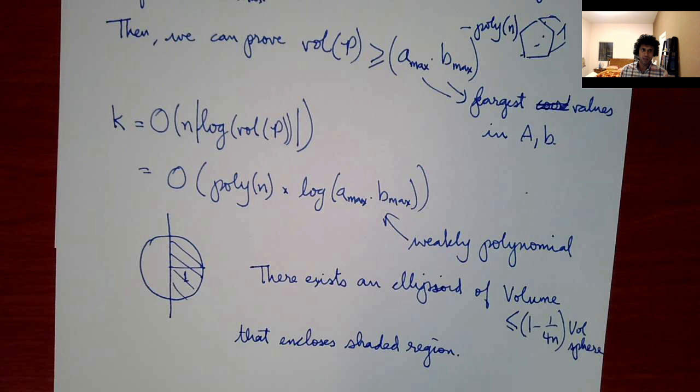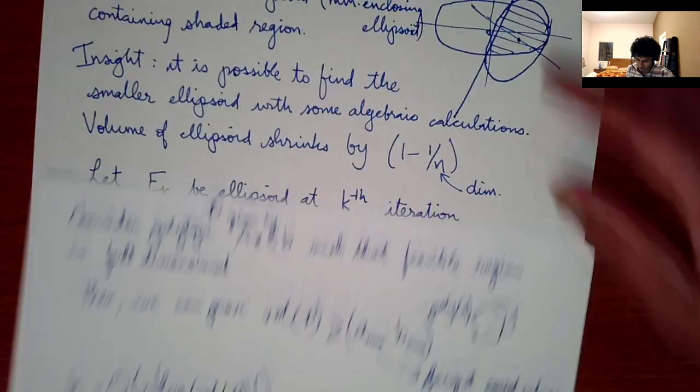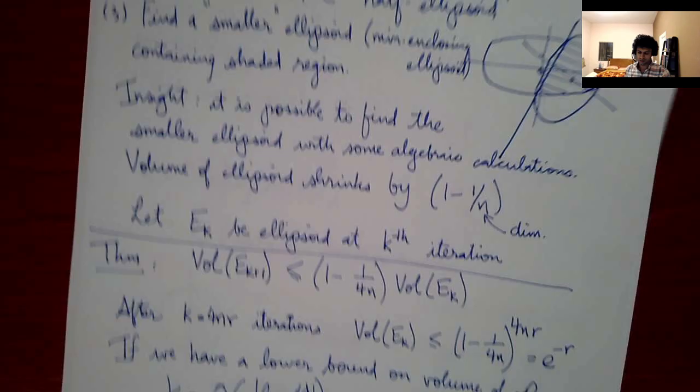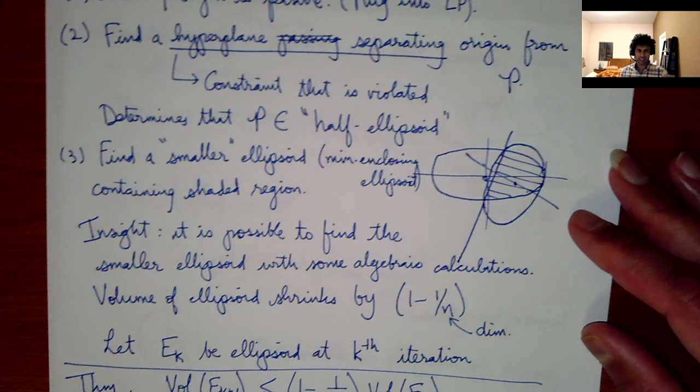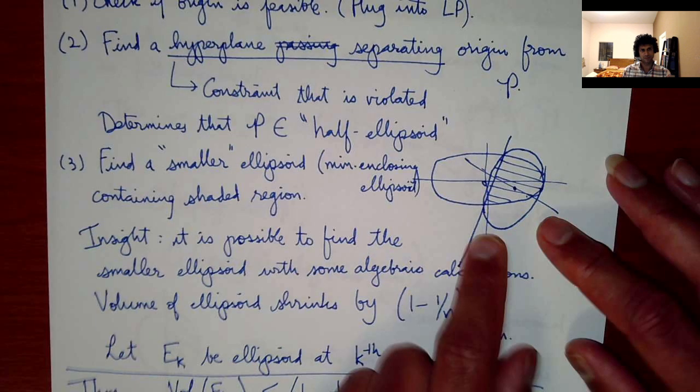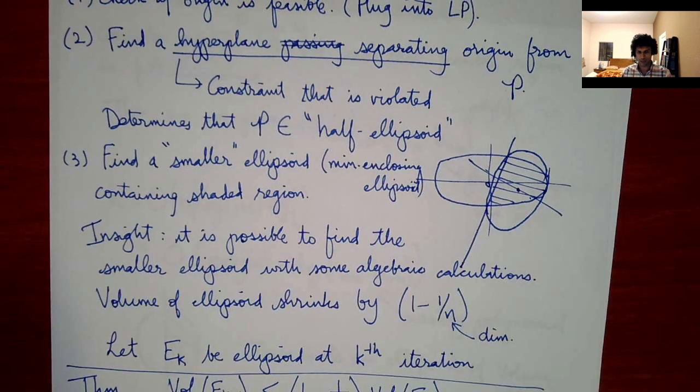Okay, so I've run out of time here. There are actually a few more things that I would like to say about the ellipsoid algorithm, and this is something that I will talk about maybe in the next lecture. But the overall cartoon picture that you need to know about ellipsoid is given over here. This cartoon picture captures the essence of the ellipsoid algorithm, and it's essentially some kind of binary search.